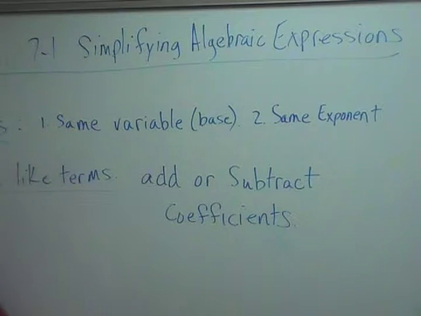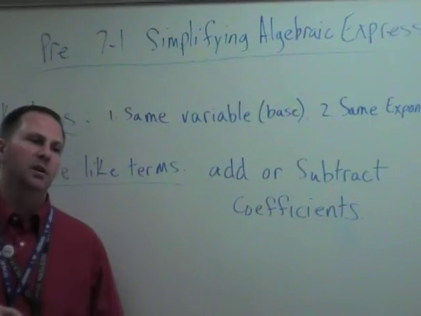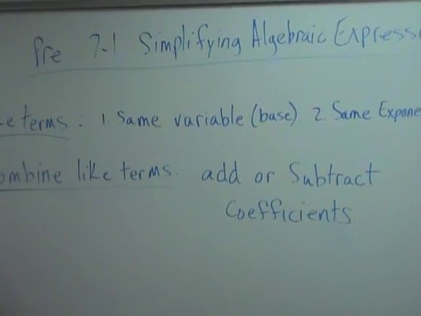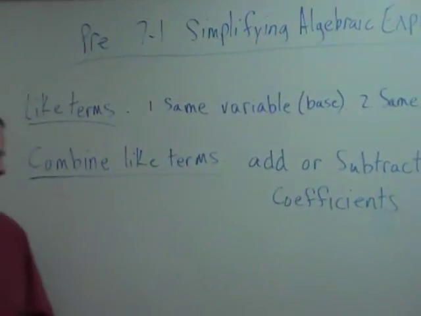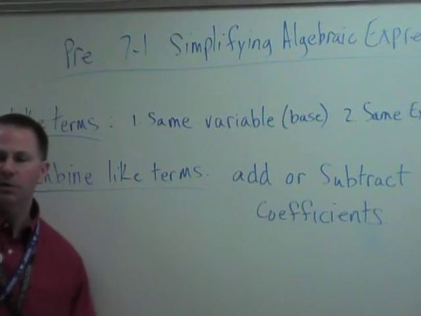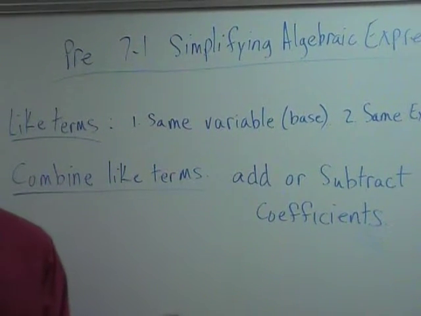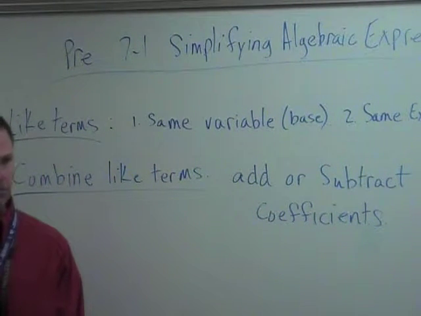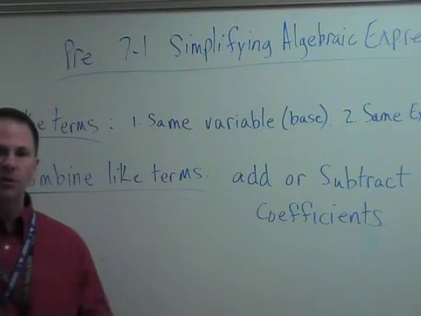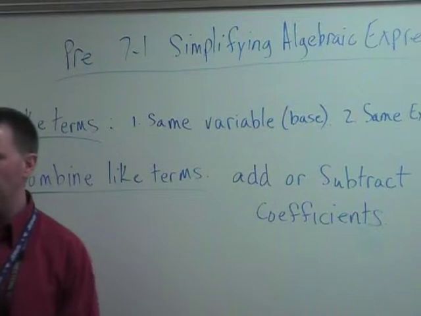Now, for some reason, students struggle with this. We mix it up with multiplication and division. We get confused when there's negatives or something like that. So it really comes down to making sure you understand they have the same letter and the same exponent.